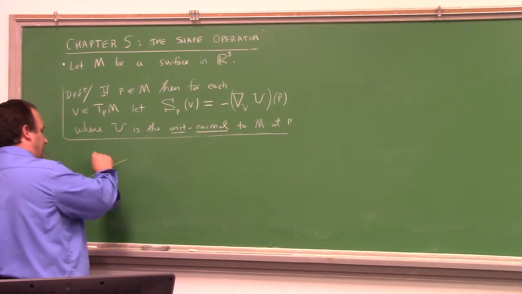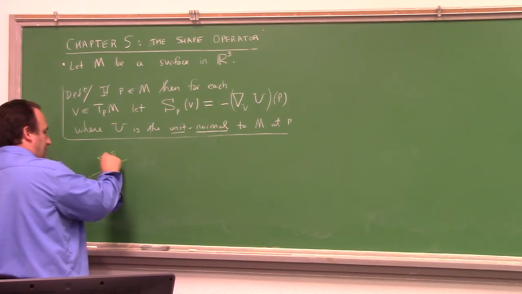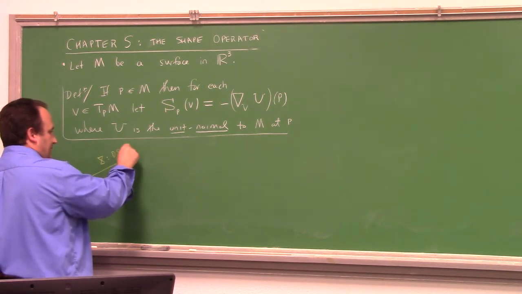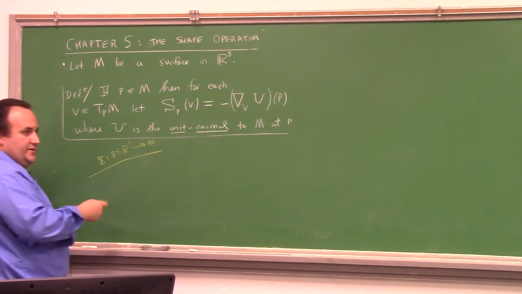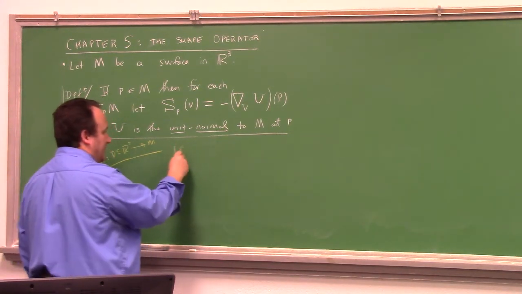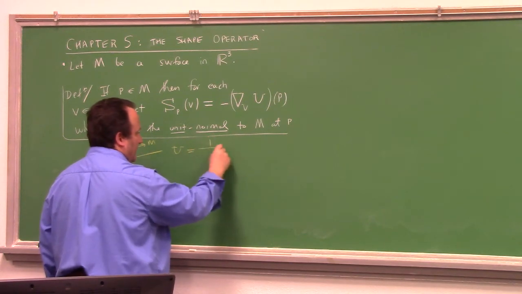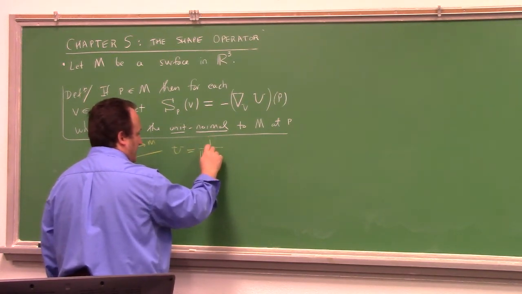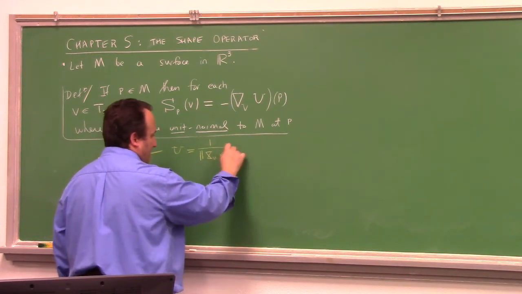If we have x from D, a subset of R2, to M, if we have a patch, as we do usually, then we can construct the unit normal. How do we do it? How about this? 1 over the length of x_u cross x_v, times x_u cross x_v.